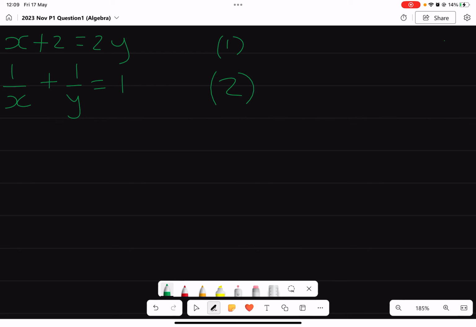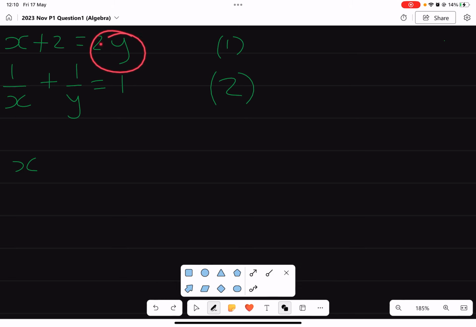Equation 2. All right. So now, let's see. You have x plus 2 equals 2y. We are going to make x the subject of the formula here because x is already isolated. I'm not choosing y because if I choose y, I'll end up working with fractions because y has a coefficient of 2 and x has a coefficient of 1.